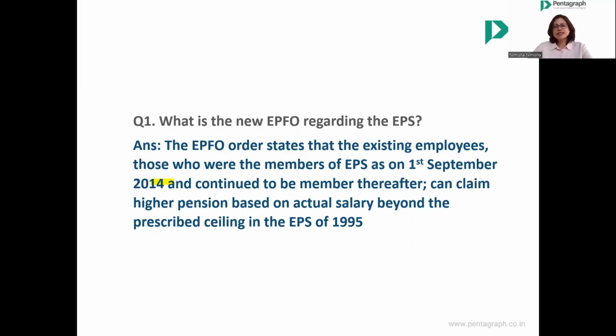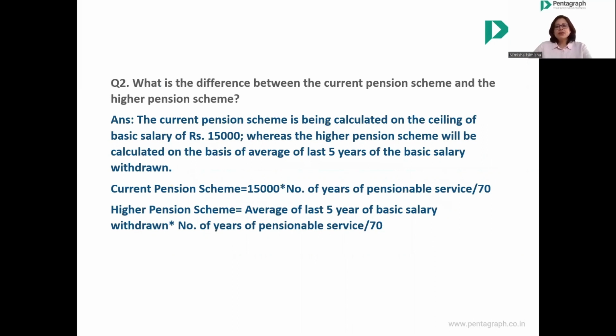So let us understand what we are looking at. We have an option to choose between the current pension scheme and the higher pension scheme. Let us first understand how these two are calculated. The current pension scheme is calculated on the ceiling of a basic salary of 15,000.